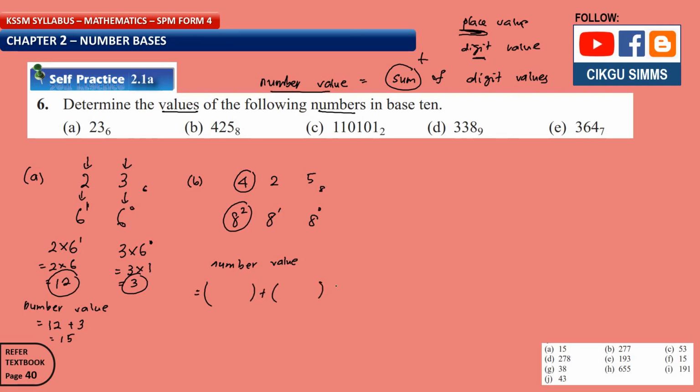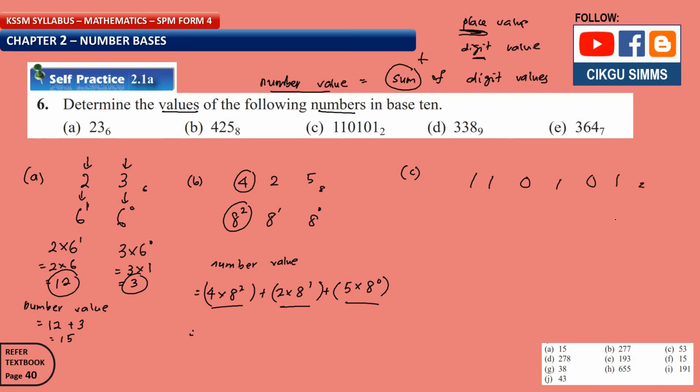So I can write like this, 3 groups, the sum of the digit values. So I am finding the digit value and putting them in the bracket. So 4 times 8 to the power of 2, 2 times 8 to the power of 1, 5 times 8 to the power of 0. Okay, and then you can use a calculator to get your answer.